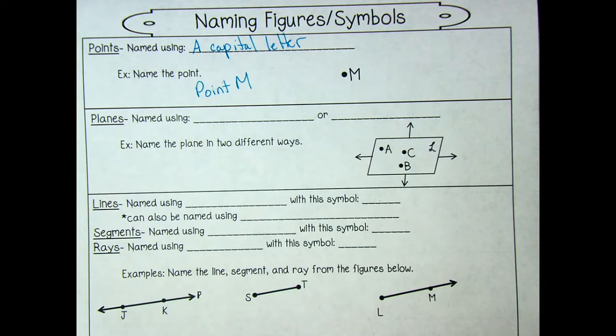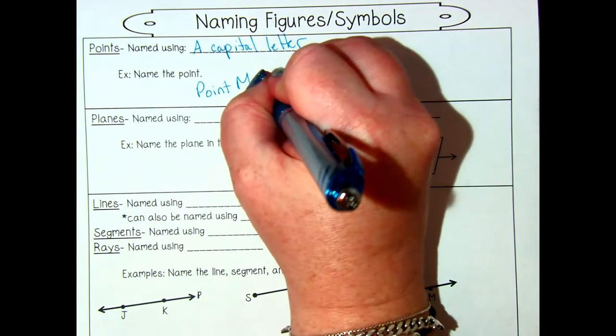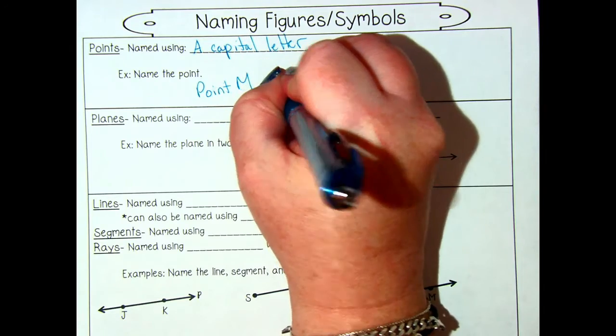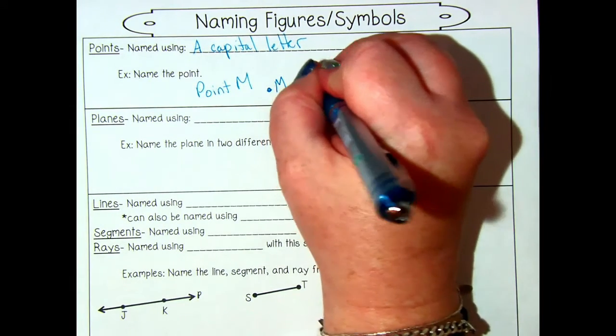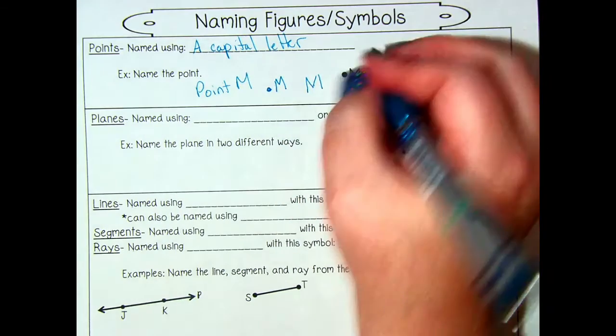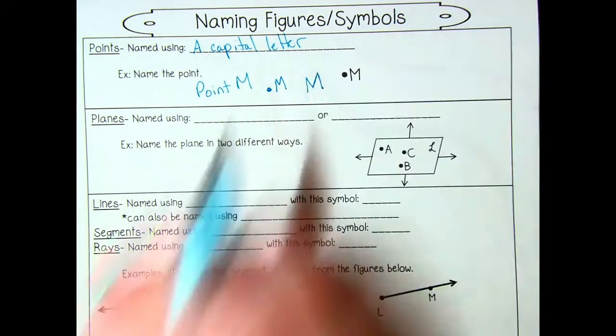Geometry is all about symbols and notations, and putting the wrong symbols means it's incorrect information. I can also write the word point and then M, and occasionally I can just write the capital letter.